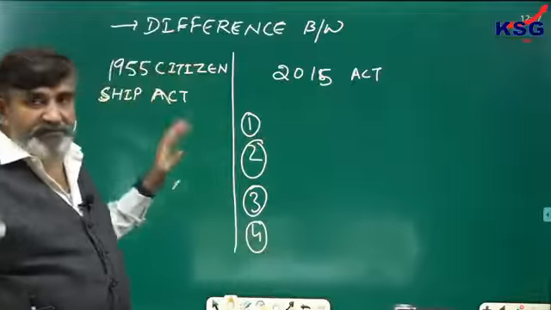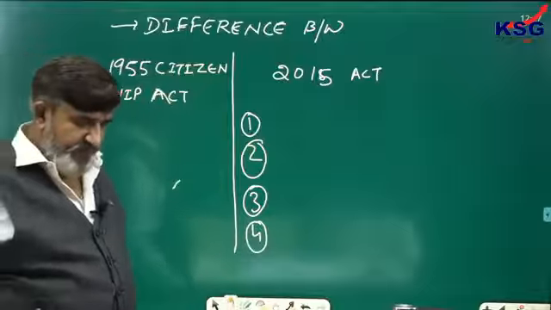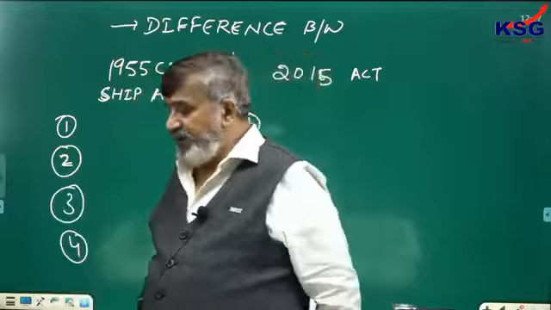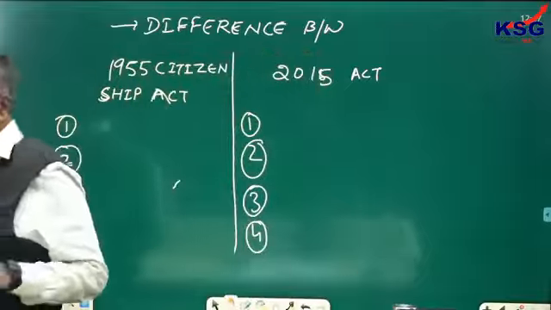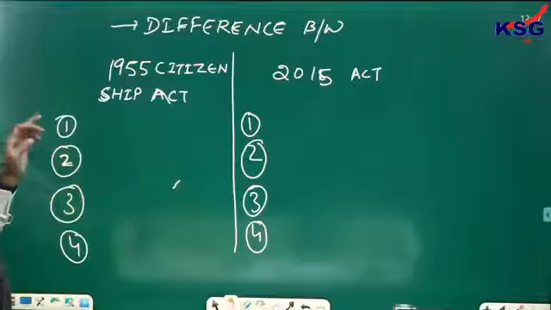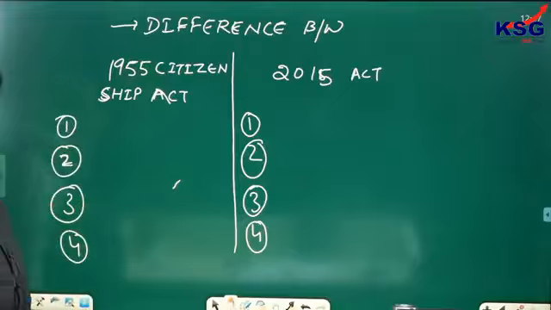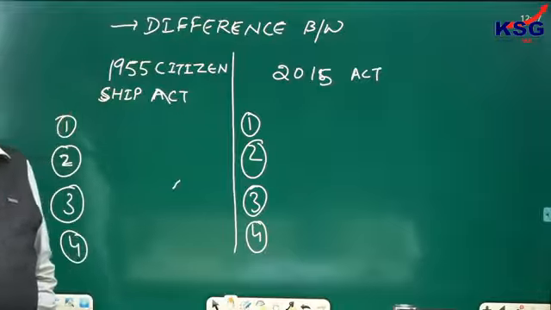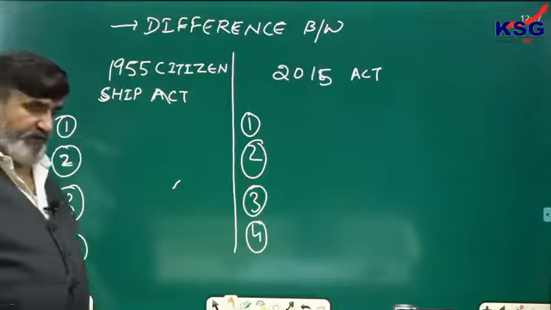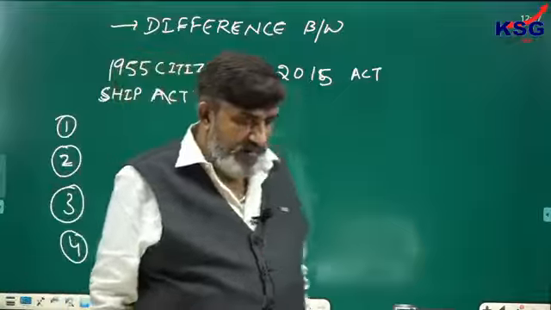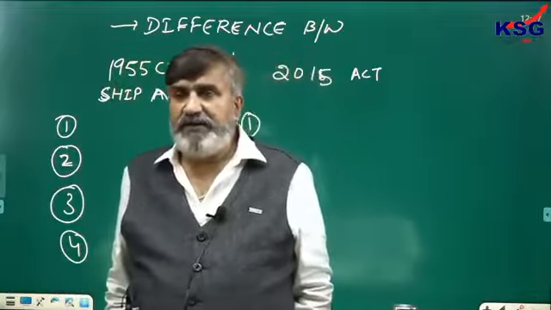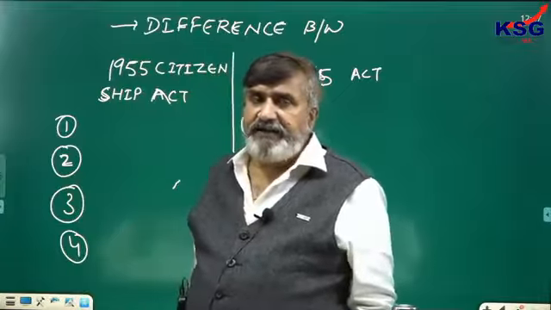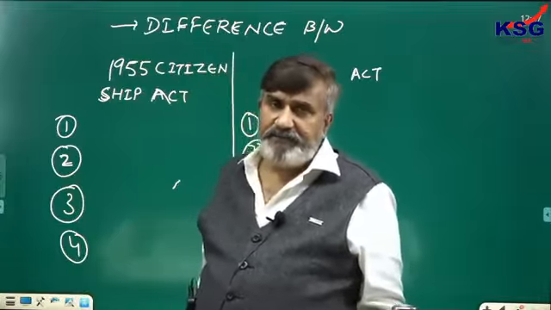the citizenship aspect. Just now we discussed, especially with respect to OCI card holders, that the registered OCI card holder may be granted Indian citizenship after 5 years from the date of registration, provided that he or she stays in India for 1 year, and during that 1 year stay, he or she is not allowed to leave India even for a single day.